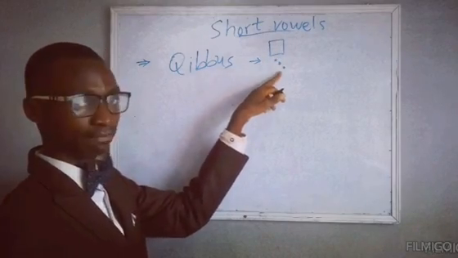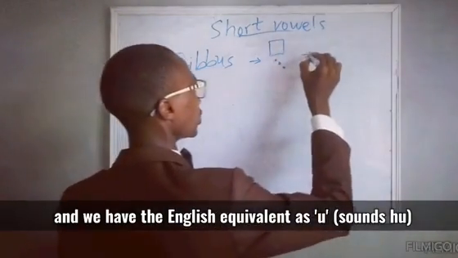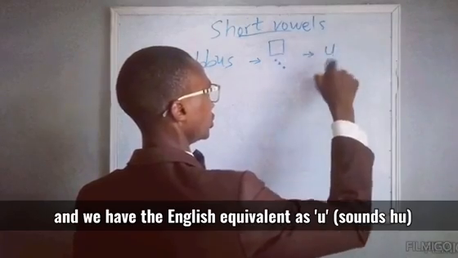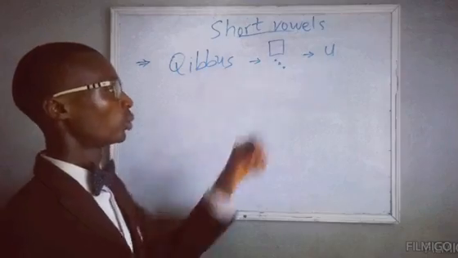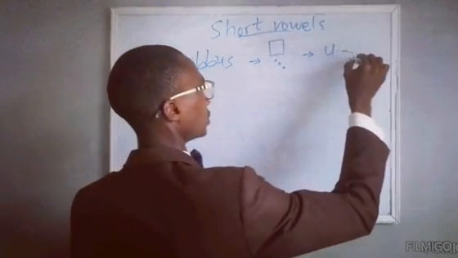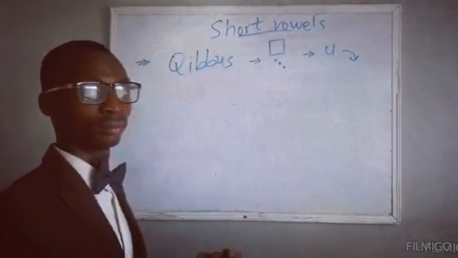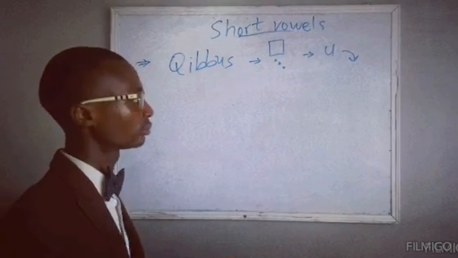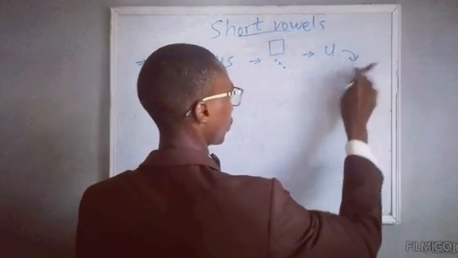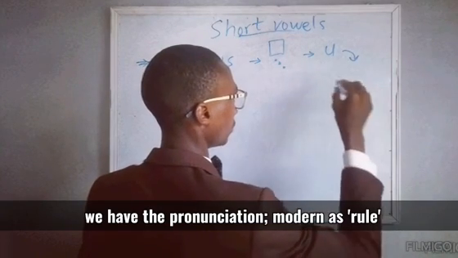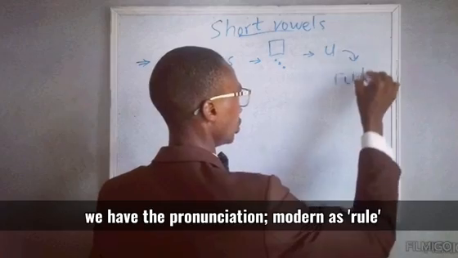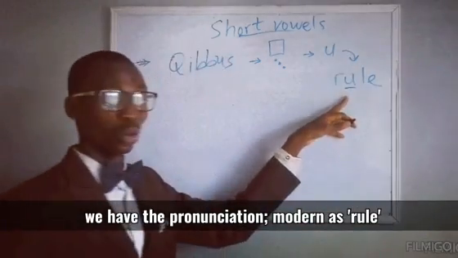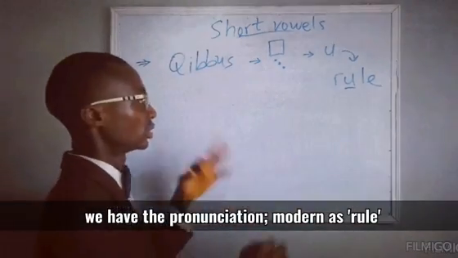So like this. And we have the English equivalent as U. Then we have the modern pronunciation as in ruled.